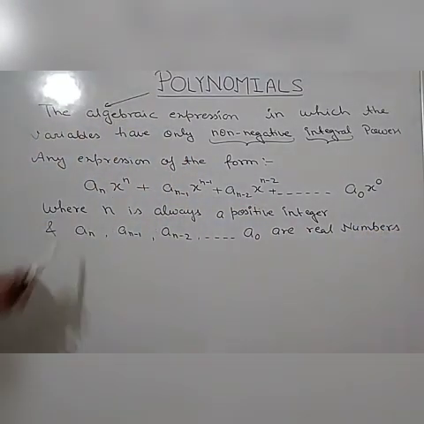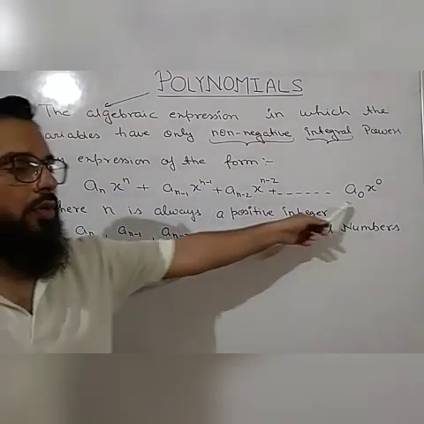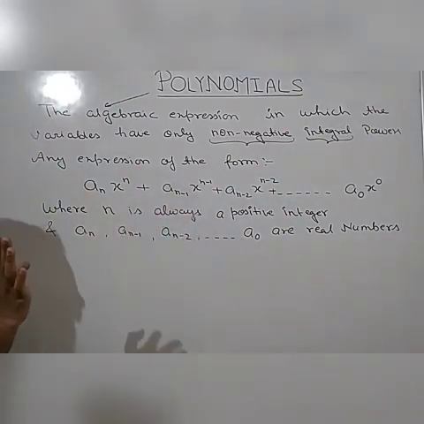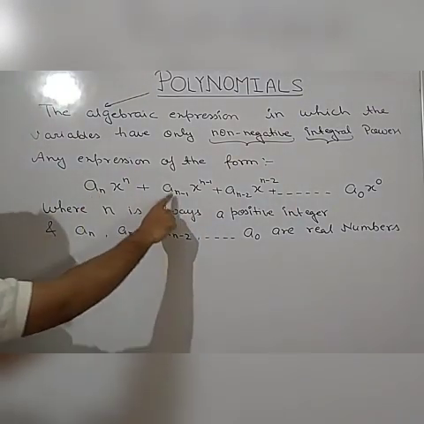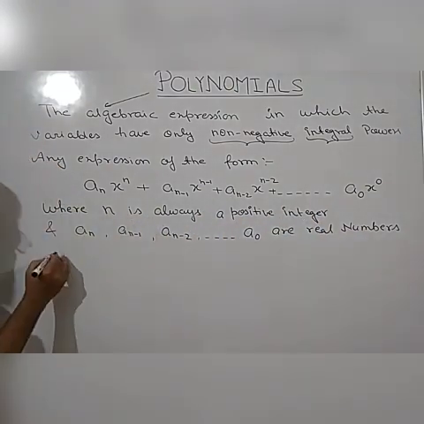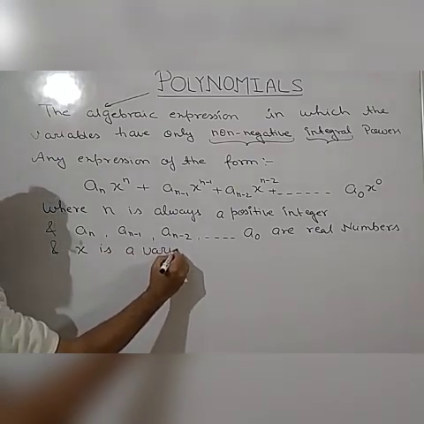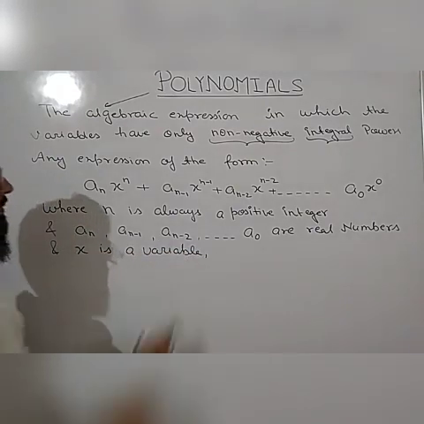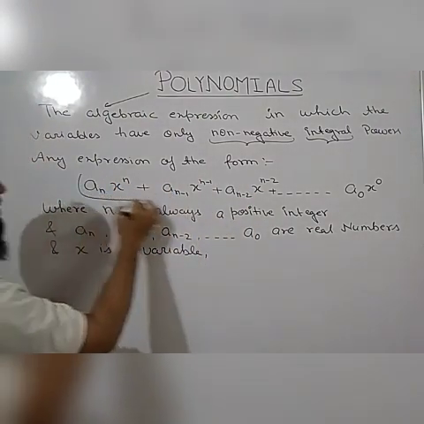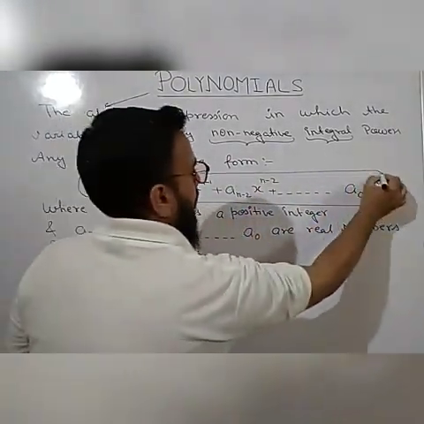So any expression of this form, a_n x to the power n, a_(n-1) x to the power n minus 1 and so on up to a_0 x to the power 0, where n is always a positive integer and the terms a_(n-1), a_(n-2) may be any real number and x is a variable, then this particular expression is known as polynomial.